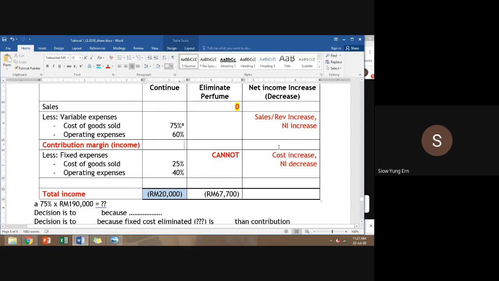Negative, correct. Okay, because contribution margin is an income. So negative 62,700. Negative. Okay, next one, fixed cost of goods sold. 0, correct, because no changes. And last one, operating expenses, one row.